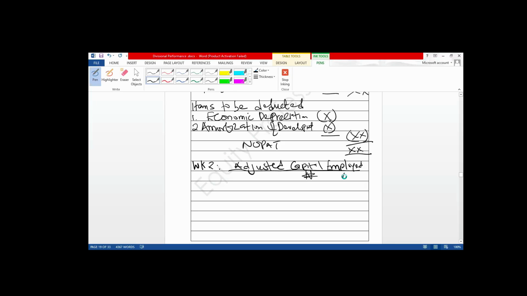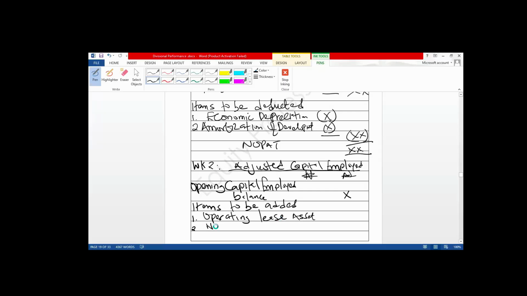Your naira sign, you start with opening capital employed balance. Items to be added. One, operating lease assets. Add back.